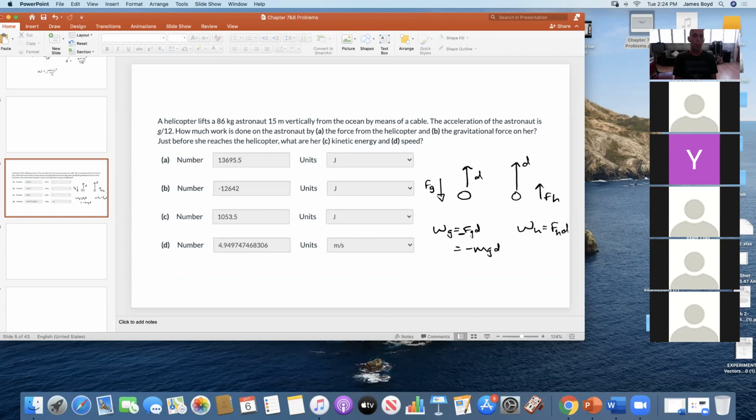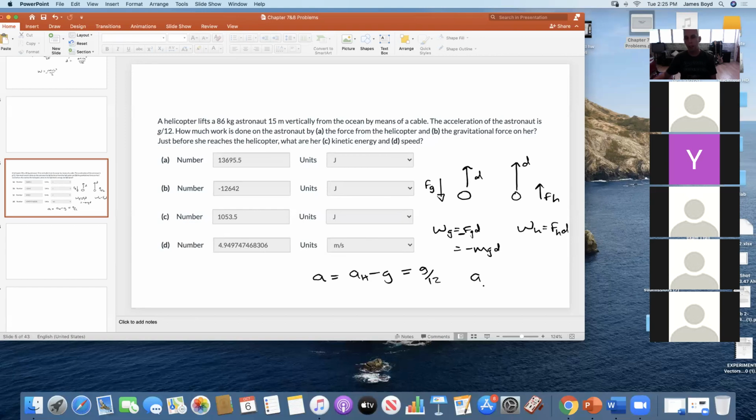So the net acceleration is equal to the acceleration due to gravity, negative because it's down, plus the acceleration due to the helicopter, up, and this has to equal g divided by 12.